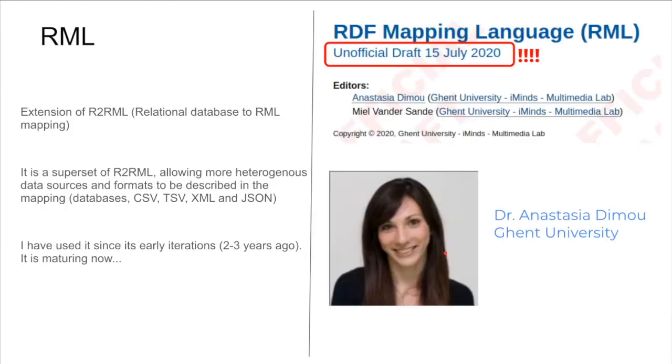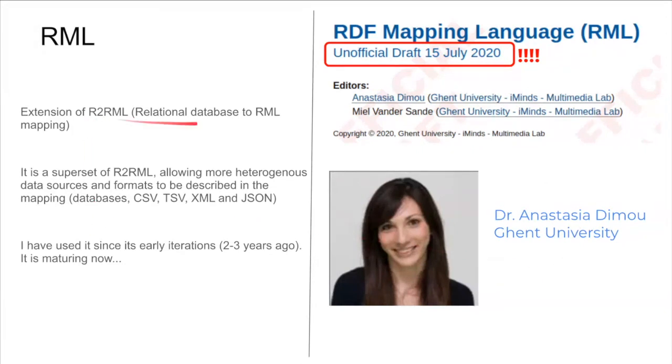Let me just talk to you a little bit about these technologies. You'll see just how contemporary these technologies are. The unofficial draft of RML was published in July 2020, written by Dr. Dimou at Ghent University.